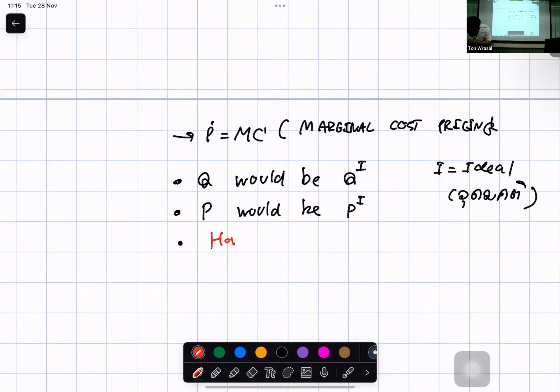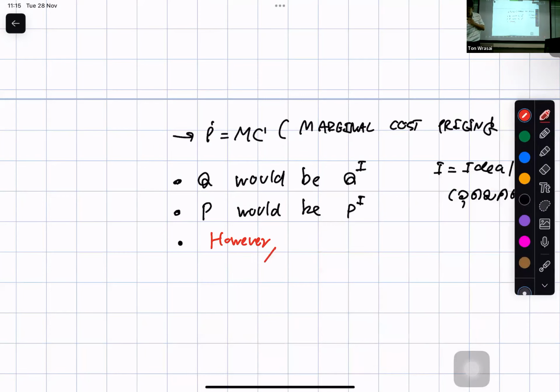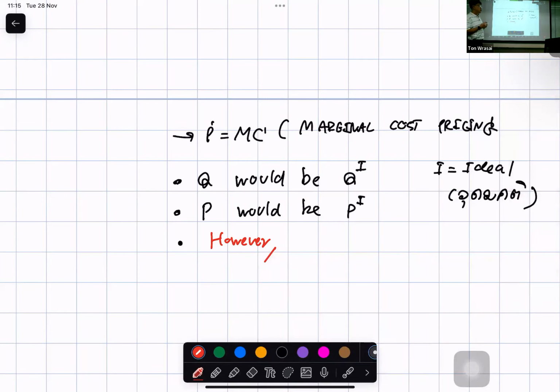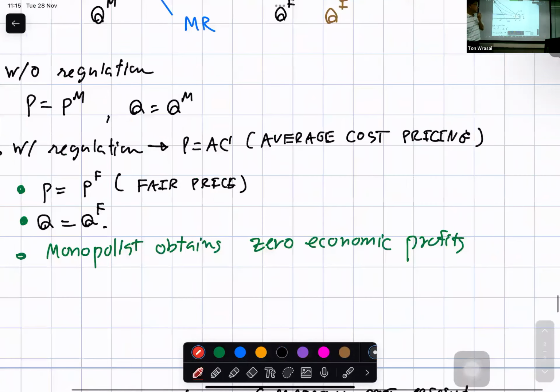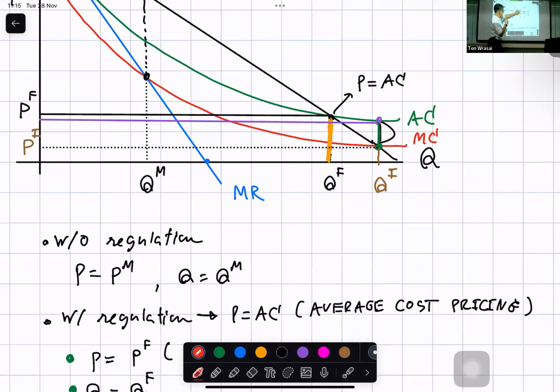However, given this regulation by marginal cost pricing, monopolists would reject, oh, I'm not going to do it because he would face the loss equal to this huge loss per unit and total loss. Loss per unit, total loss.